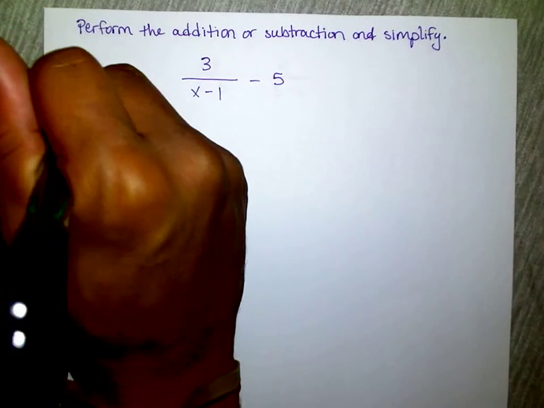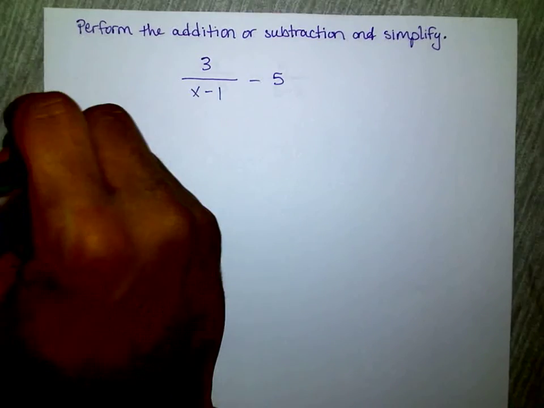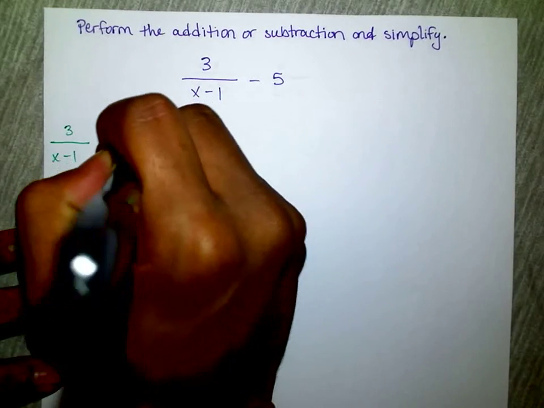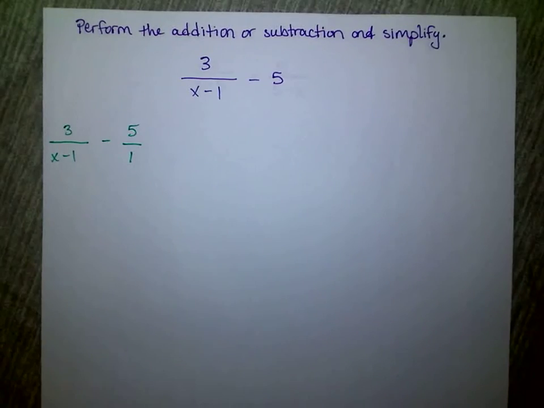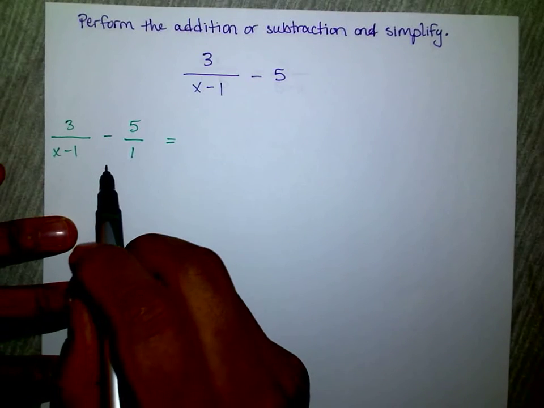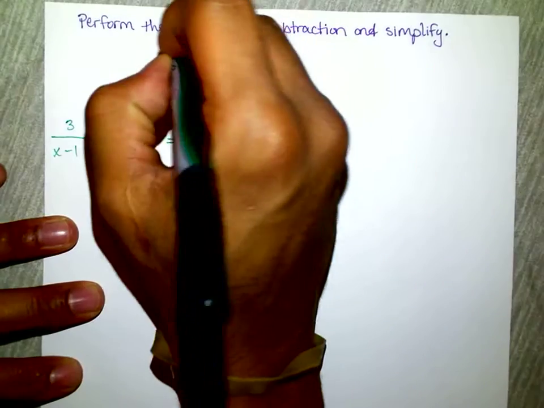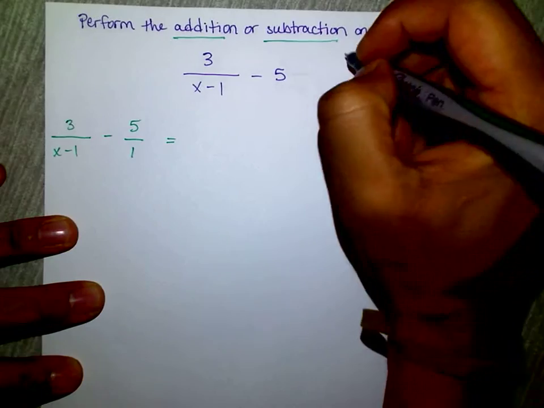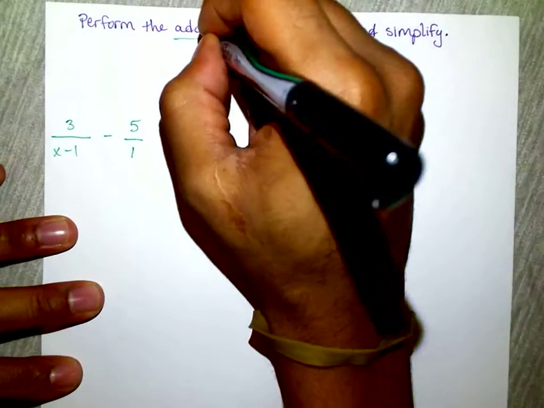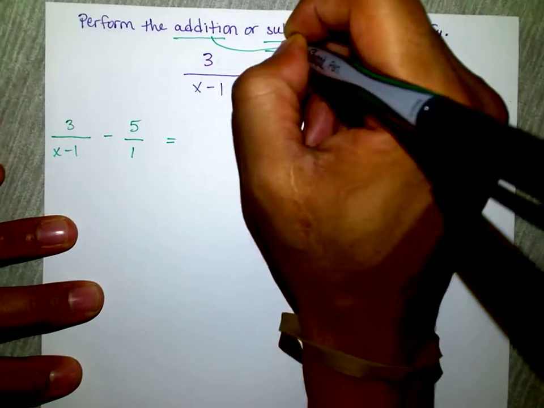So, let's rewrite this problem: 3 over x minus 1 minus 5 over 1. Remember, in order to add or subtract fractions, they have to have the same denominator.